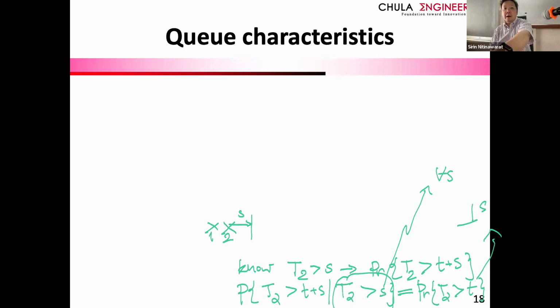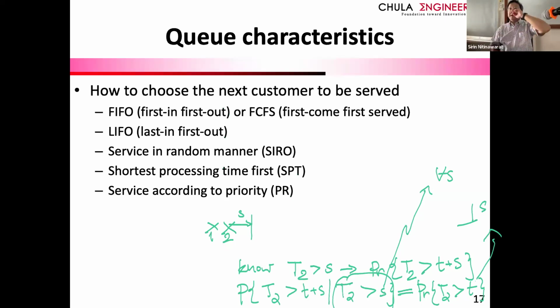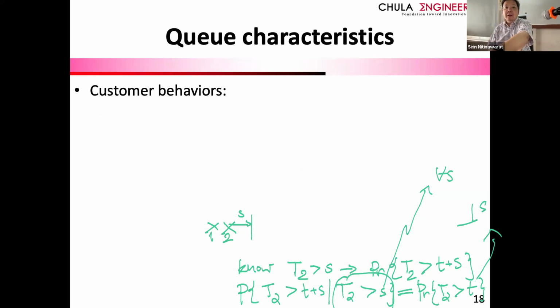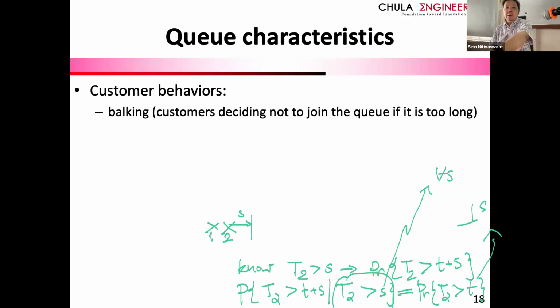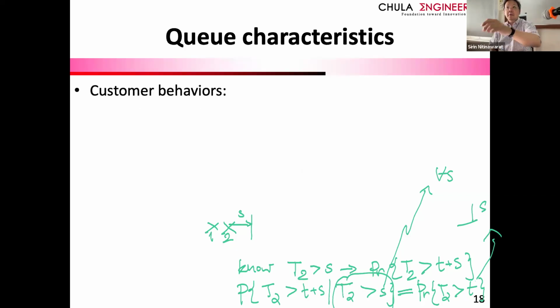In addition to the way the server is picking the customers in the queue to serve, the customer behaviors themselves can affect the queuing system.